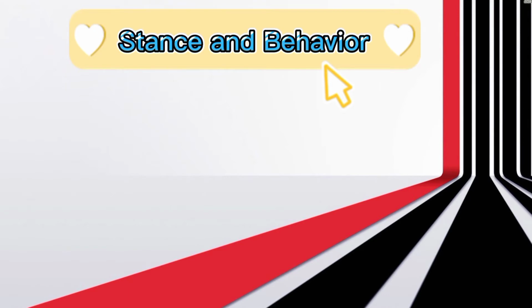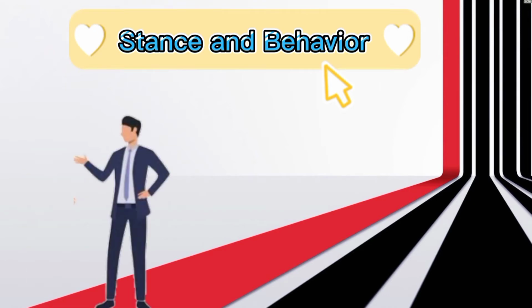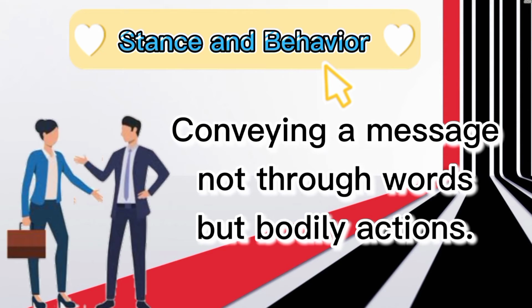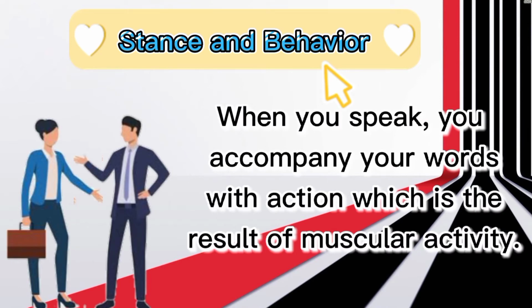Now, let's proceed to stance and behavior. Have you observed that a person's body language is opposite to what he or she is saying? This is conveying a message not through words, but through bodily actions. When you speak, you probably accompany your words with an action which is a result of muscular activity.